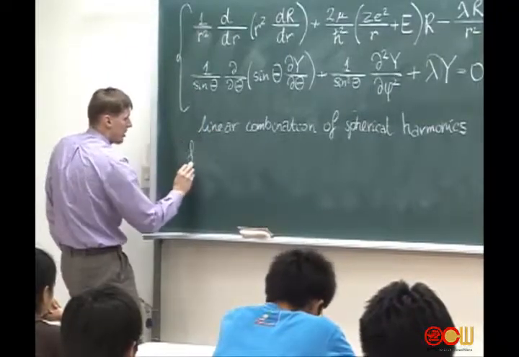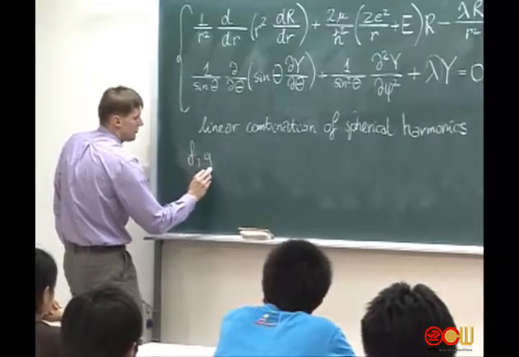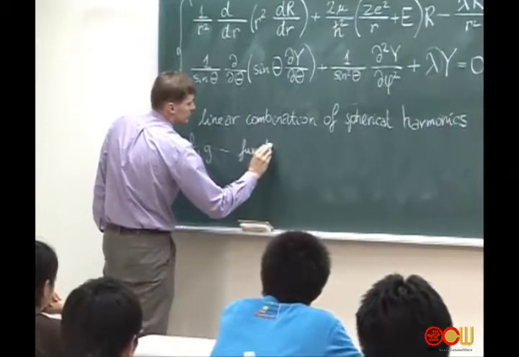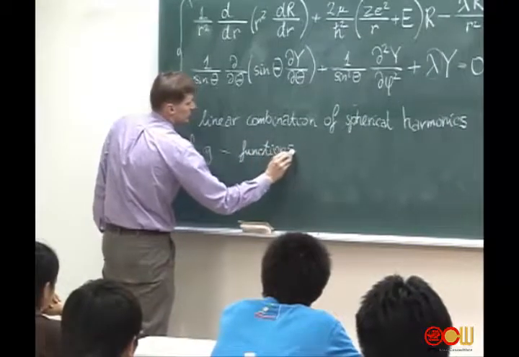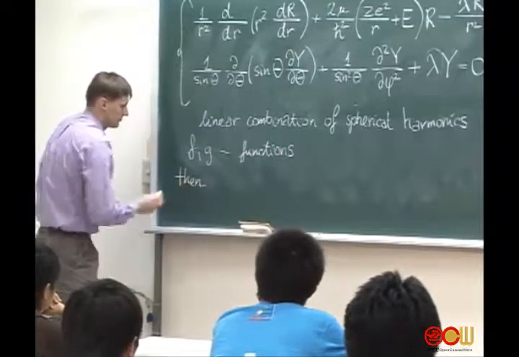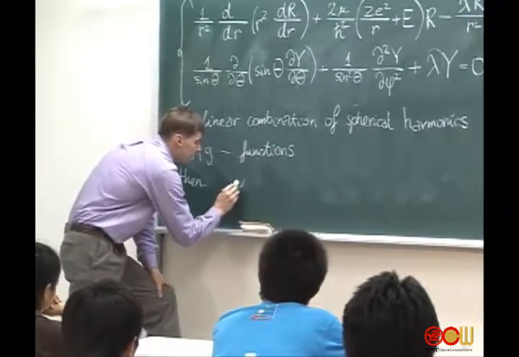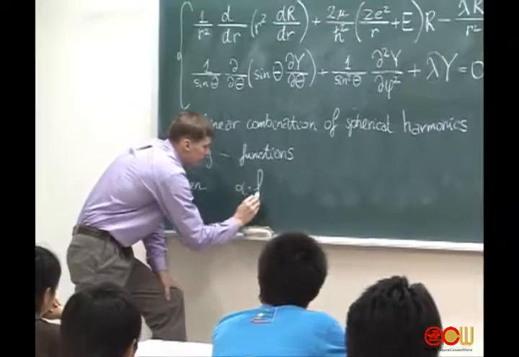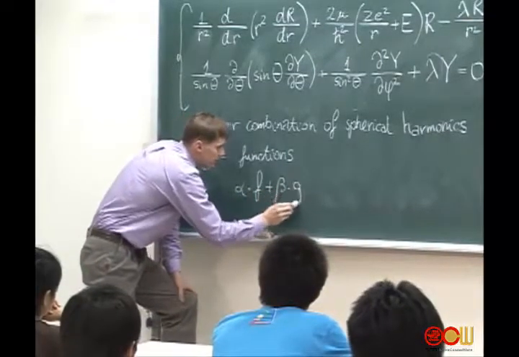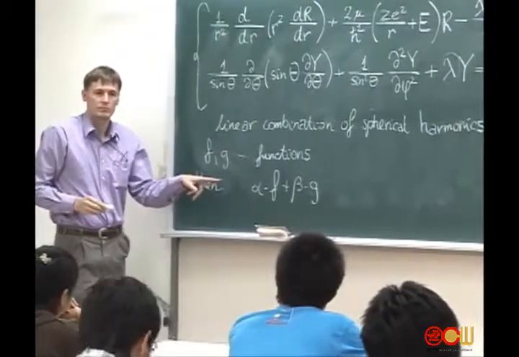If f and g are functions, then alpha multiplied by f plus beta multiplied by g is a linear combination.